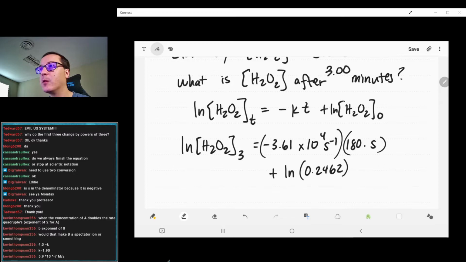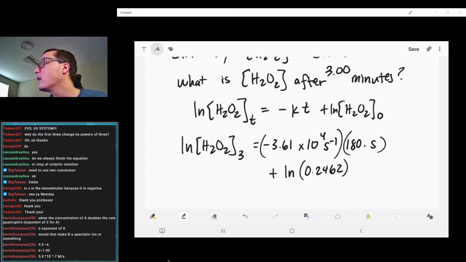So we're going to now bust out our friendly calculator. Negative 3.61 times 10 to the fourth, times 180, plus the natural log of 0.2462. See if this even makes sense as a problem.